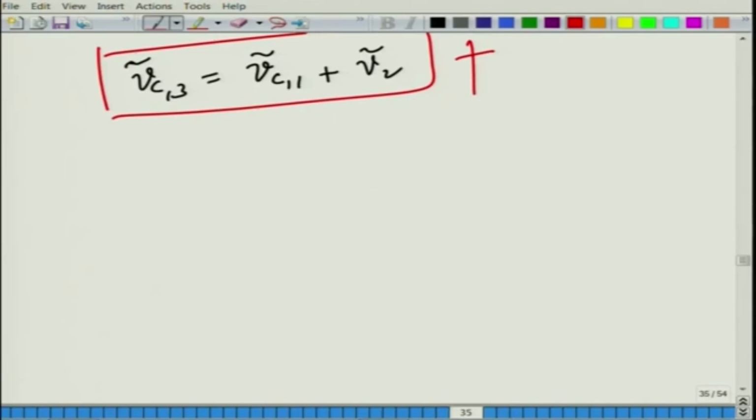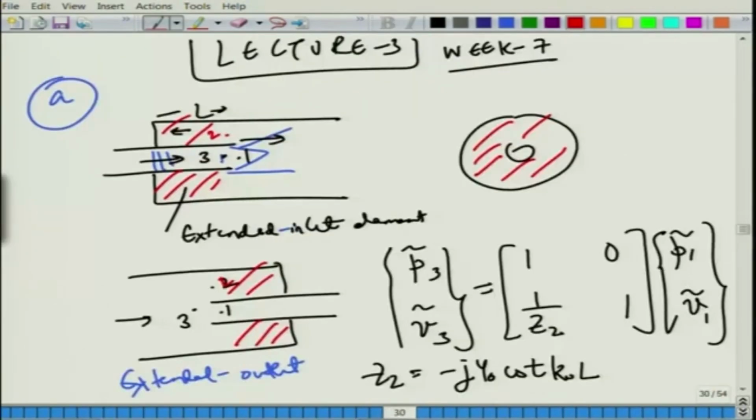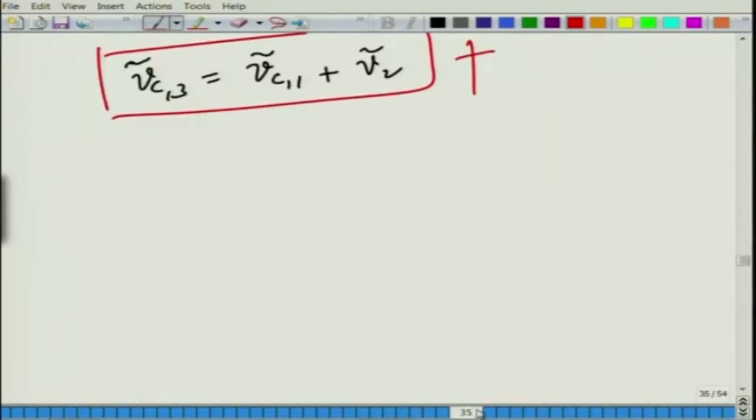Here the momentum equation then comes in handy, and what we do is that for the extended inlet element like the one that is seen here, 3 and 1, we must apply certain relations. So, we basically put P naught, the pressure, into S3, plus rho naught S3 U3 square.